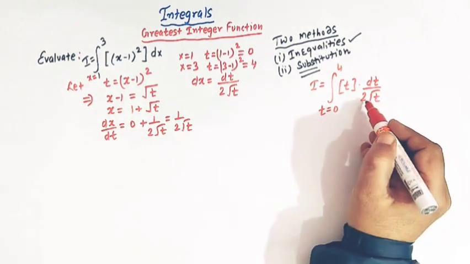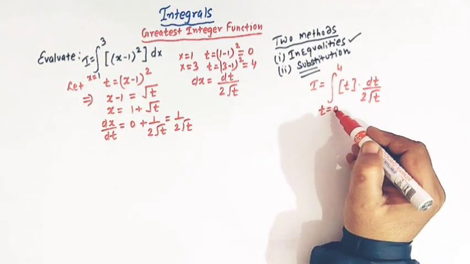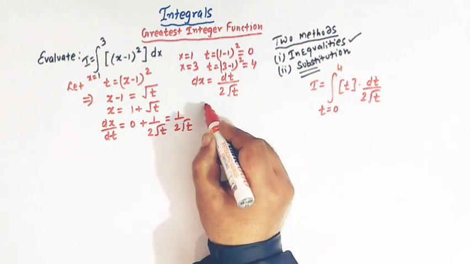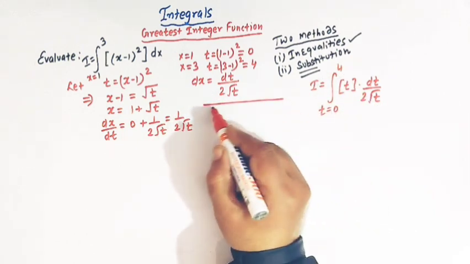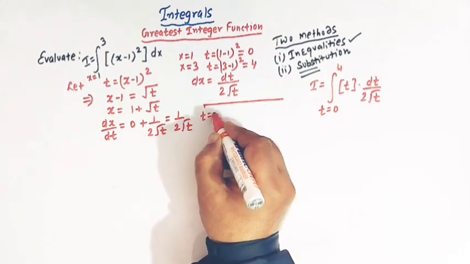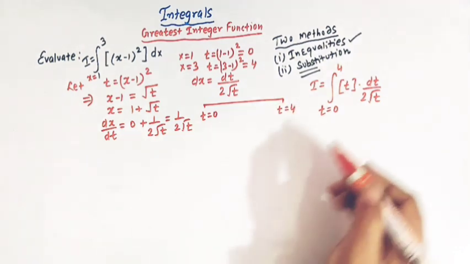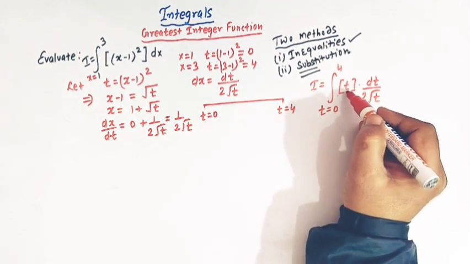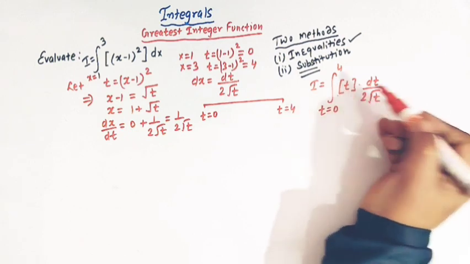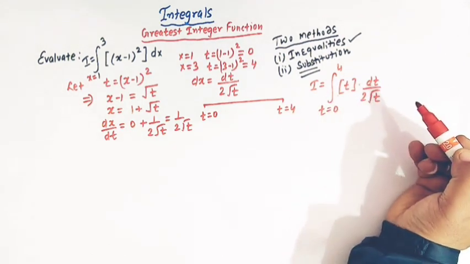Here the limits of integration vary from 0 to 4, so we can draw a real number line. Here we have t equal to 0 and here t equal to 4, and the integrand is the greatest integer of t times 1 over 2 times the square root of t.